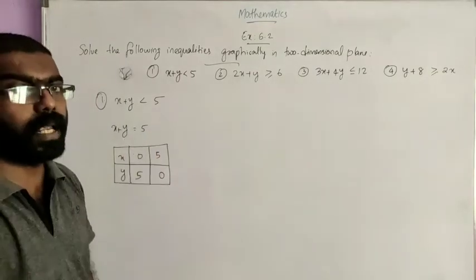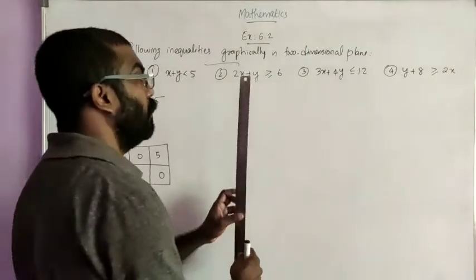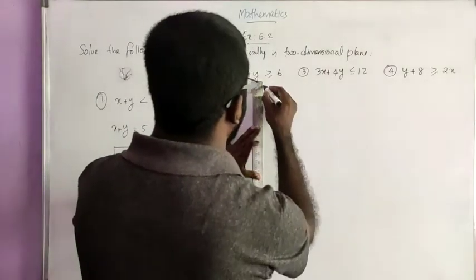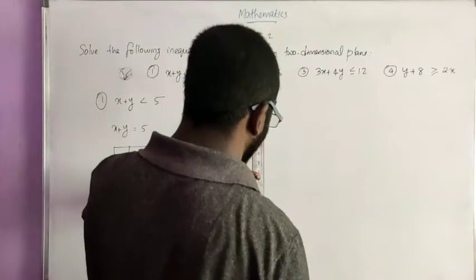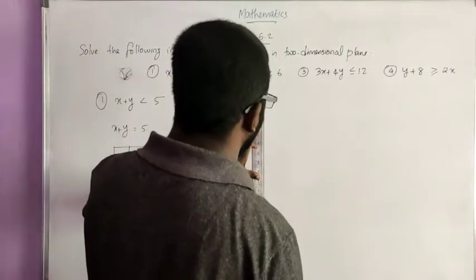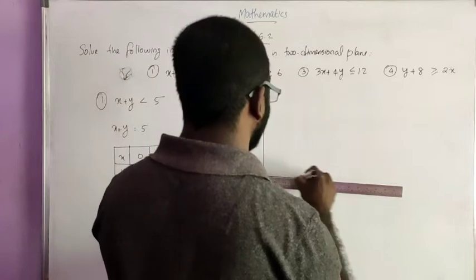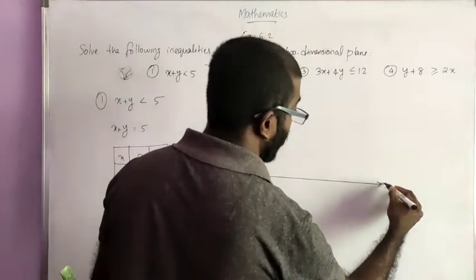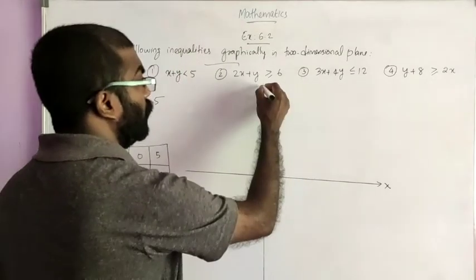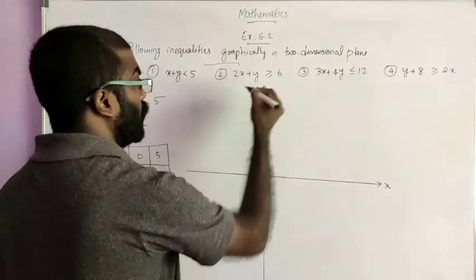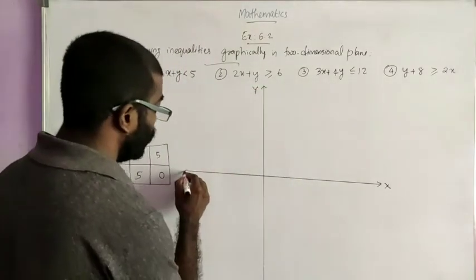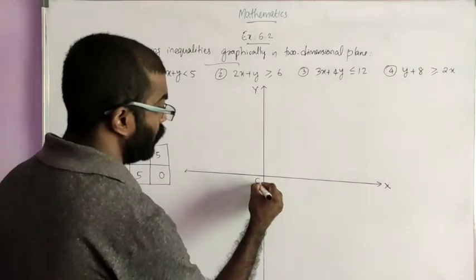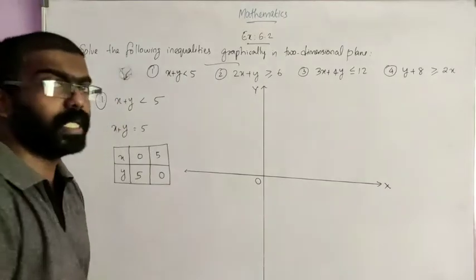The 2 points we can mark here. First of all, we can mark the x-axis and y-axis. This horizontal axis we can mark as the x-axis, and the vertical axis we can mark as the y-axis. And the point of intersection of the x-axis and y-axis is what? Origin.